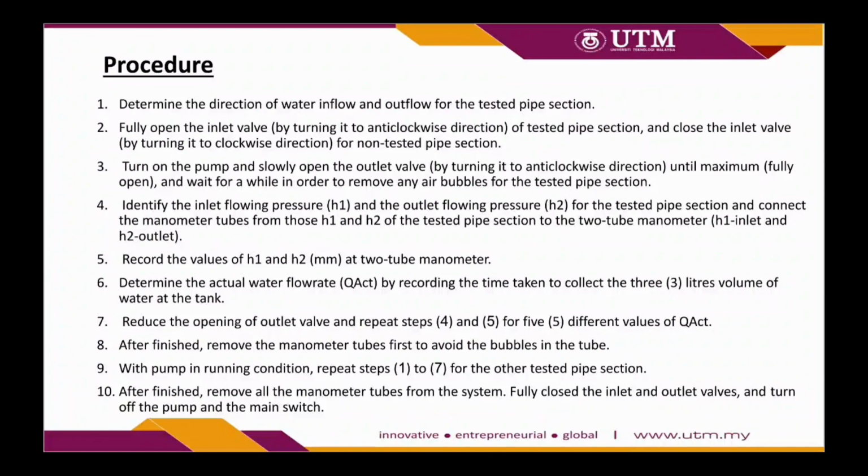With the pump running, repeat steps 1 to 7 for the other test pipe sections. 10. After finishing, remove all the manometer tubes from the system. Fully close the inlet and outlet valves and turn off the pump and the main switch.